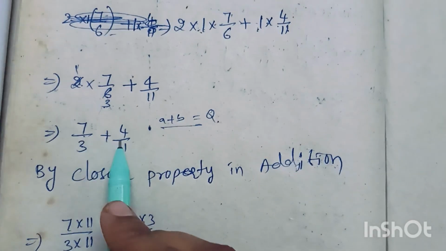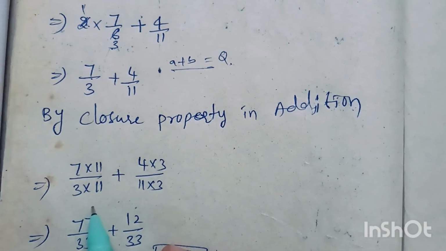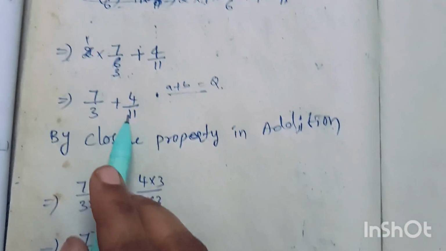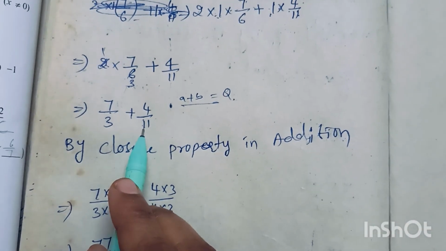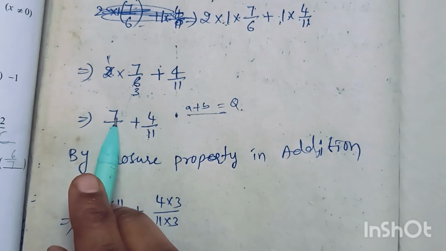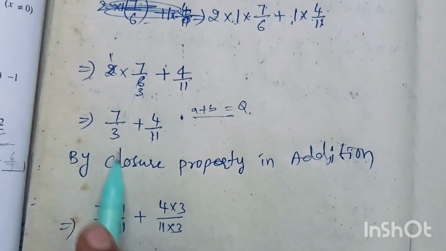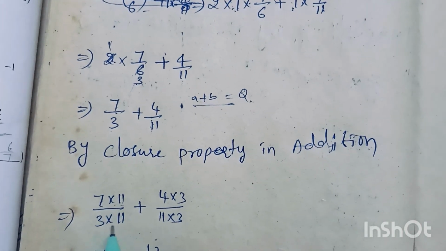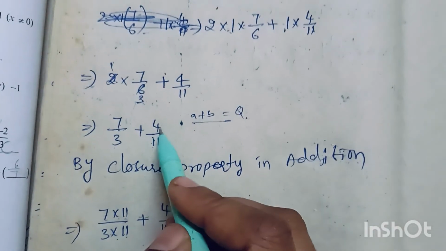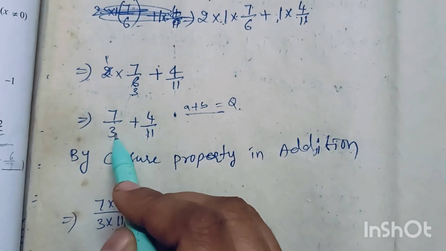These two fractions are there, no? Addition. How to do addition of fractions? Already I said that do cross multiplication. 7 into 11. Which number? This 4 by 11, the numerator and denominator are there, no? This denominator we have to multiply with the numerator and denominator. 7 into 11 divided by 3 into 11 plus this numerator, this denominator, what is there? 3.